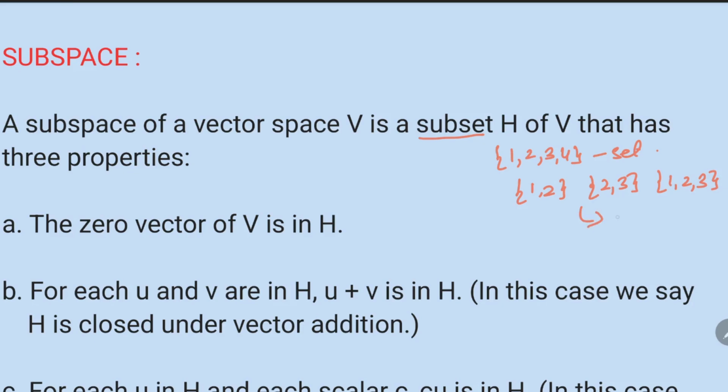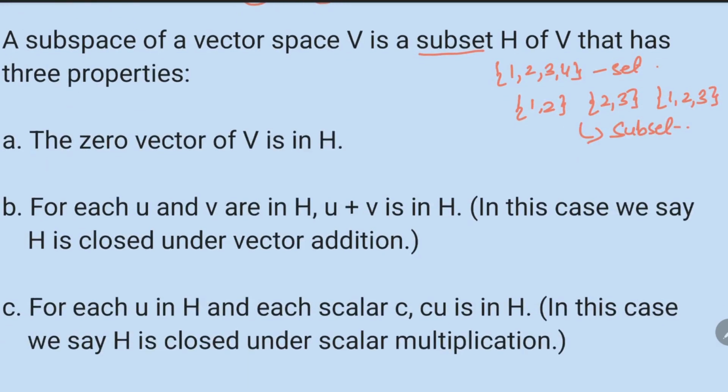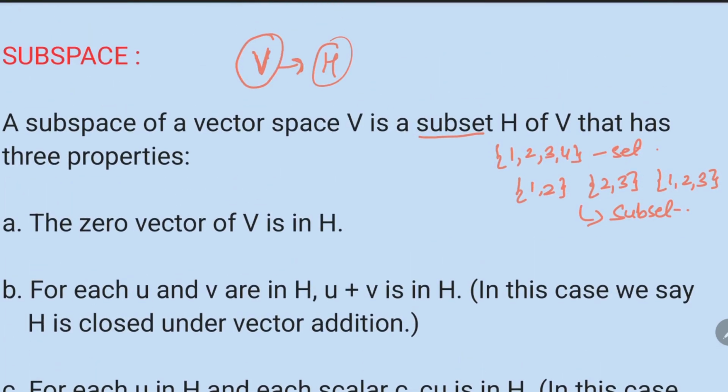These all become subsets. In the same way, V, the vector space, is a bigger set, and then H is a subspace, which takes smaller elements from it. To understand this H, we have 3 properties.